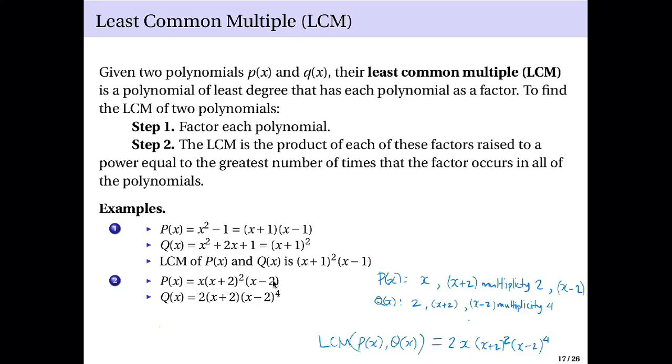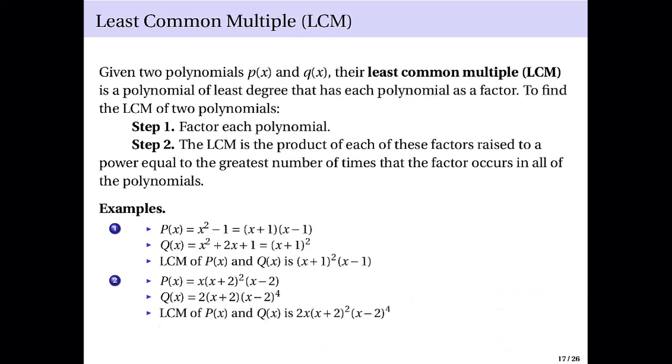X minus 2 appeared in P and also in Q. The highest power that we see is 4. That's why we have 4. X only appeared in P, so we just use that x, and the highest power for x is 1, so it's just x. 2 appeared in Q only, so we write that 2, and the highest power for 2 is also 1, so it's simply 2.